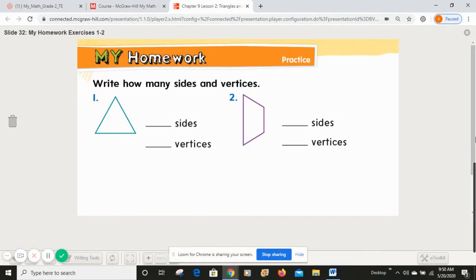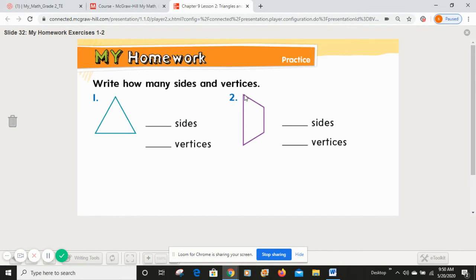So let's take a look at some of those shapes. It says write how many sides and how many vertices. It has 3 sides and it has 3 vertices, 1, 2, 3. A 3-sided flat closed shape is called a triangle. This one has 1, 2, 3, 4 sides.